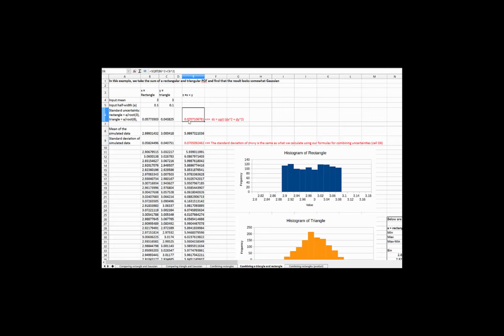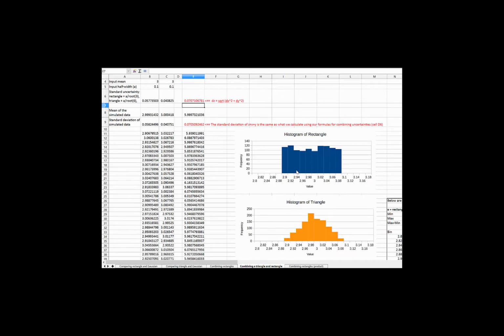If we compare it to the calculated standard deviation, if I had just used the standard uncertainties as a over root 3 and a over root 6, I would also get this 0.071. So again, the simulation is giving us the same sort of information that our standard uncertainty propagation calculations are doing.